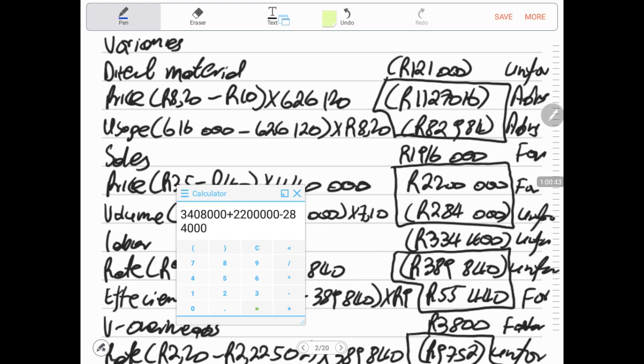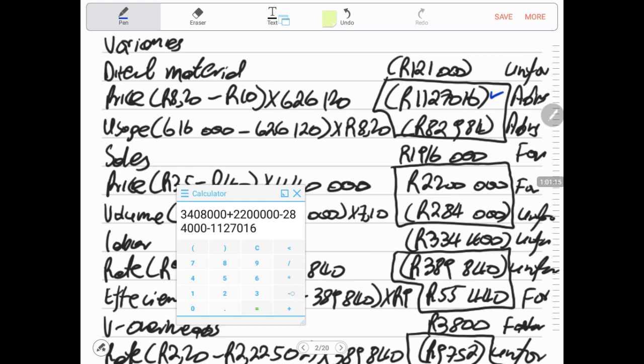Then the next one is 1,127,284, which was a negative, then minus 1,127,016.